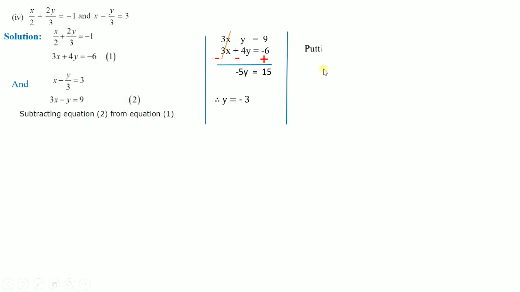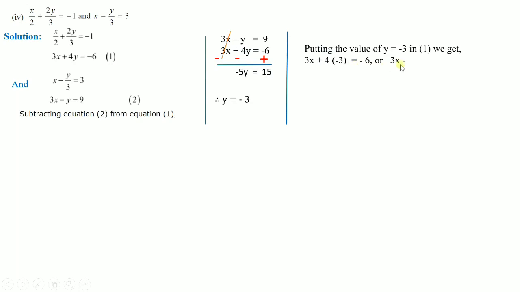Putting the value of y equals minus 3 in equation number 1, we get 3x plus 4 into minus 3 is equal to minus 6.